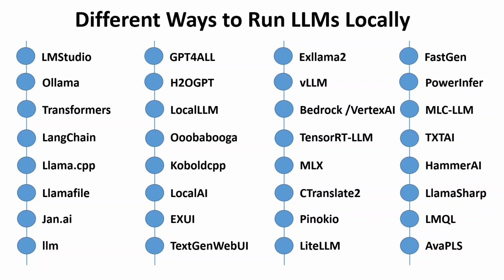You need to think about why exactly you want to use the LLM. Then once you settle on that use case, think, okay, this is how I am going to use it. It could be LM Studio, Ollama, Transformers, LangChain, or whatever you like. That doesn't matter. So first settle on the use case, then select your model as per your use case, and then select the way you are going to run it locally. That should be the order of things when you are thinking of running these models locally.